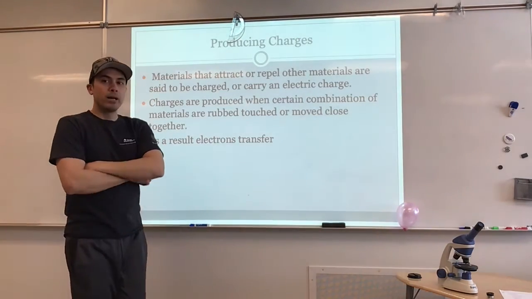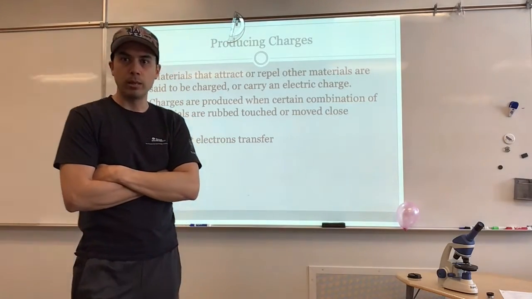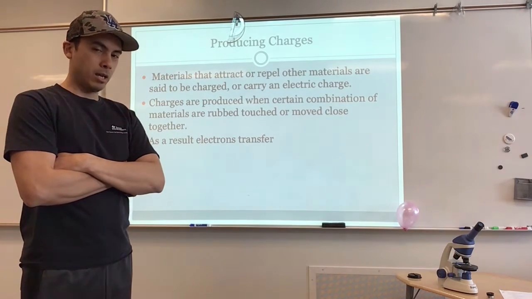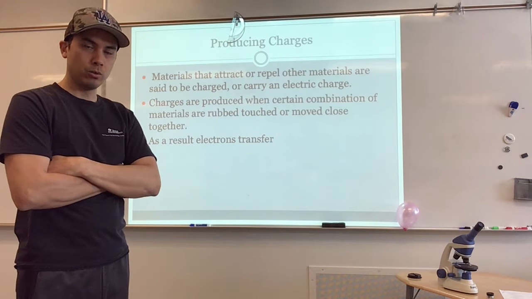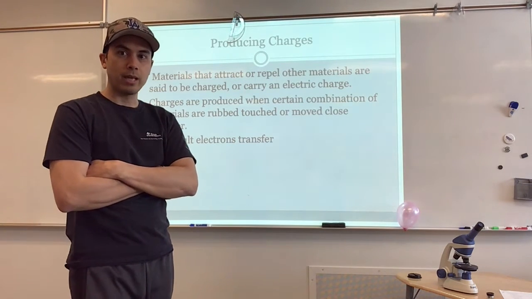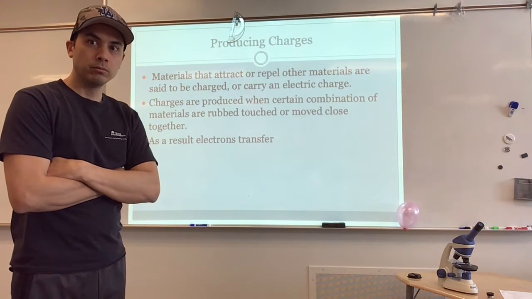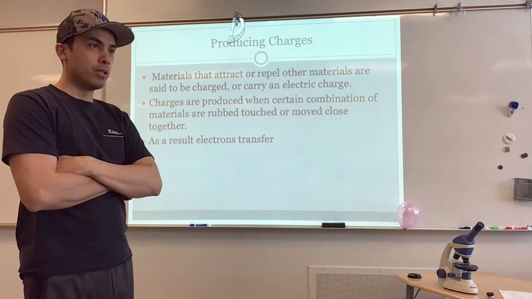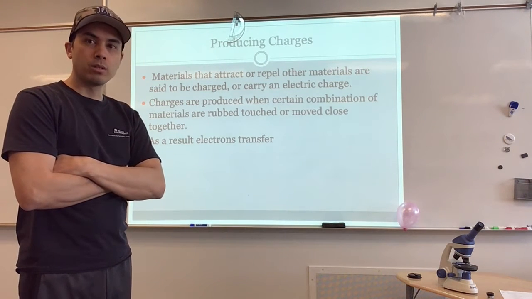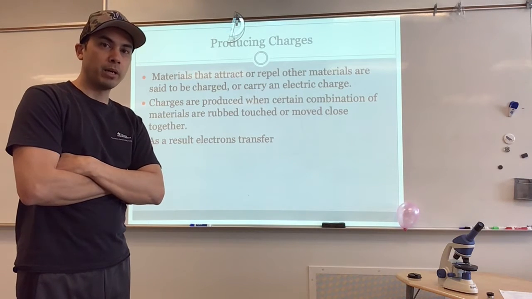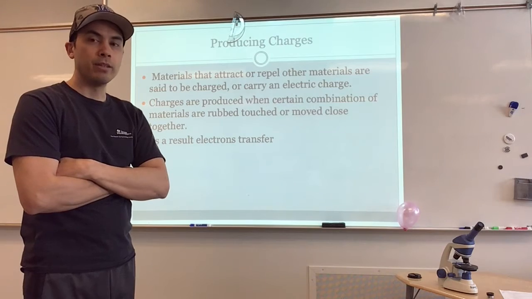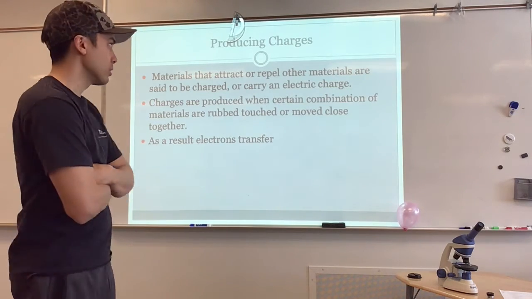Materials such as the balloon and my hair on my head are materials where electrons can move. And so what we saw happen just now was that electrons moved from my hair into the balloon, and then there was an imbalance of charges.